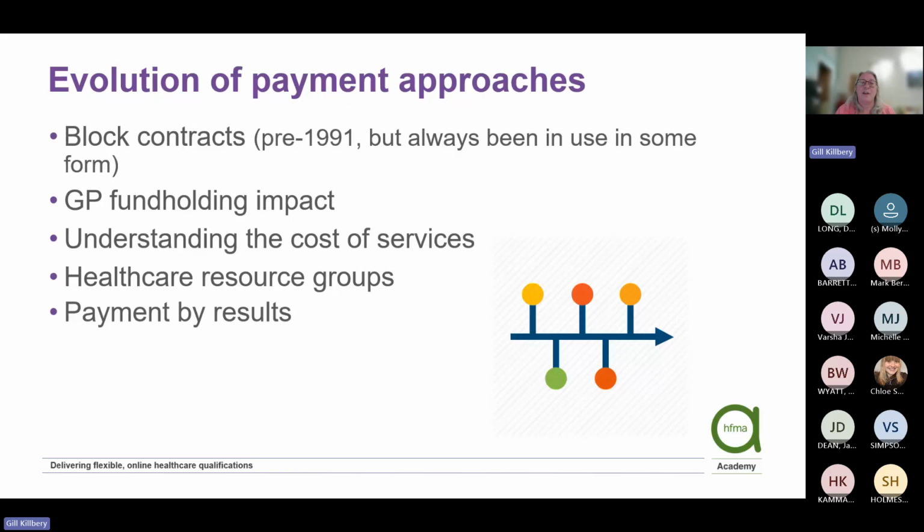So using those healthcare resource groups activity data to produce a national price where we could assume a level of efficiency and incentivise best practice. And after payment by results, of course, there came the national tariff, which is what we use now.